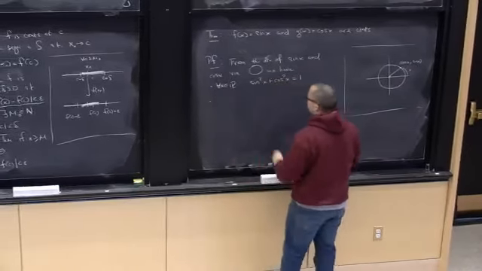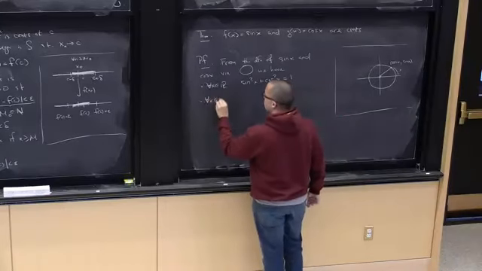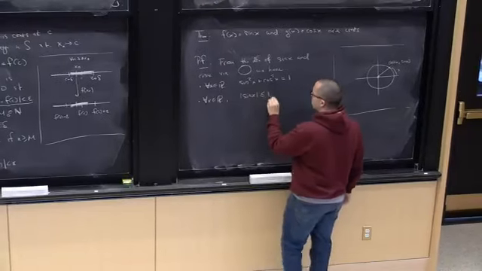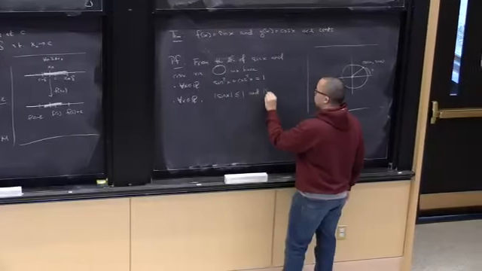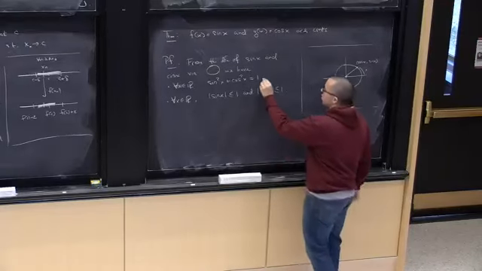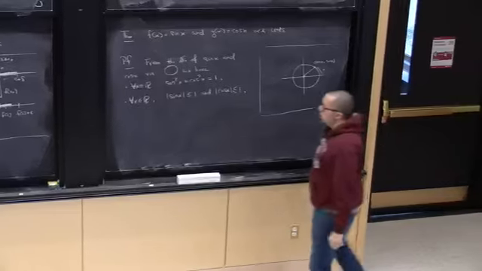And therefore, each of these individual things has to be less than or equal to 1 in absolute value, which upon taking square roots gives us these bounds.